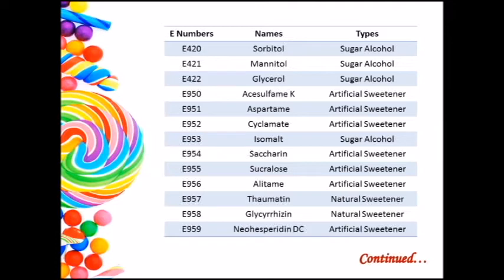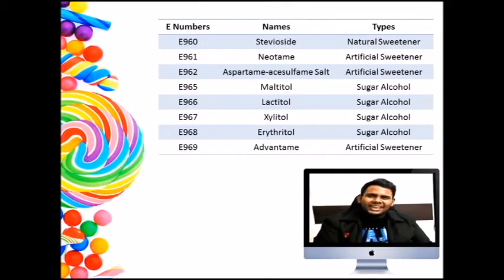Next, E959 neohesperidin DC is an artificial sweetener. Stevioside E960 is also a natural sweetener, while E961 neotame and E962 aspartame-acesulfame salt are artificial sweeteners.